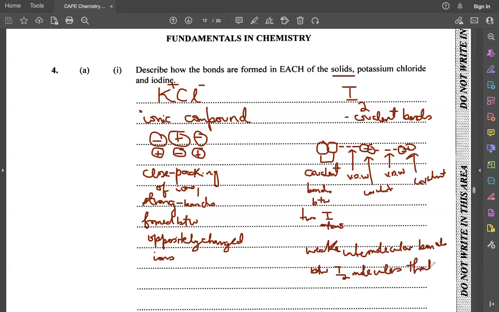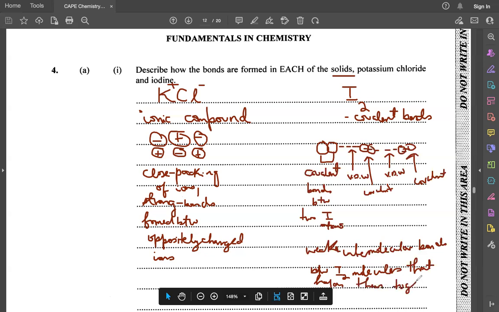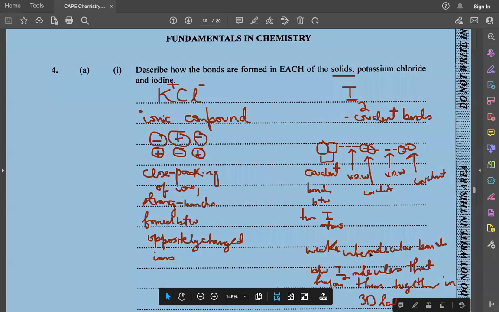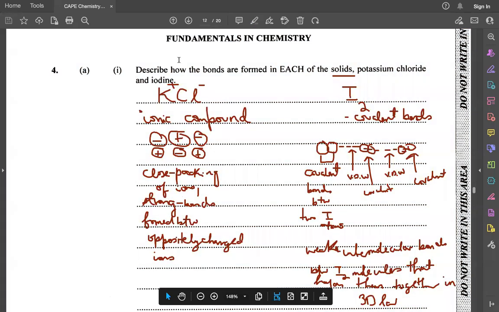Those weak intermolecular bonds hold them together in a 3D lattice. So a simple molecular 3D lattice is what we have there.